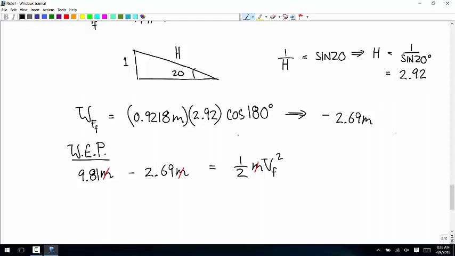Okay, so what's 2 times 9.81 minus 2.69? So v final squared is 14.24. And so v final is 3.77 meters per second.